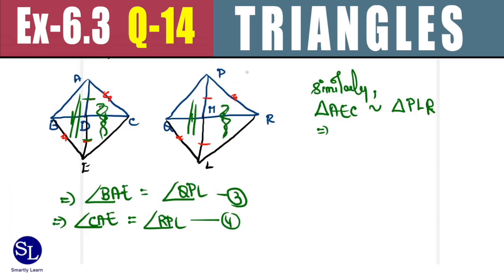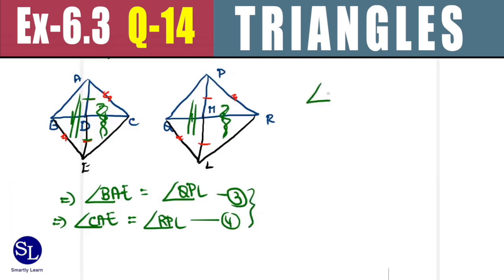Now let's go into the proof. Here I can combine these two and add them. So angle BAE plus angle CAE should be equal to angle QPL plus angle RPL, because we have simply added 3 and 4.